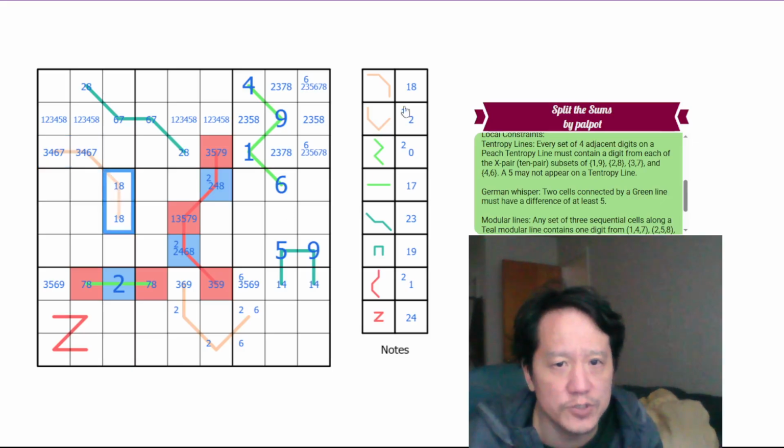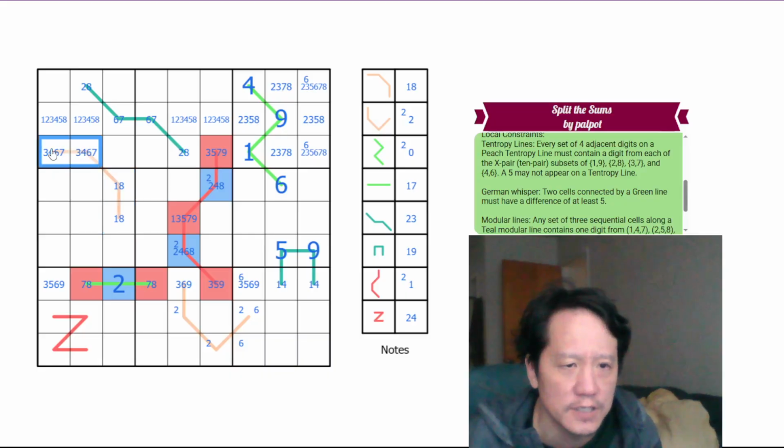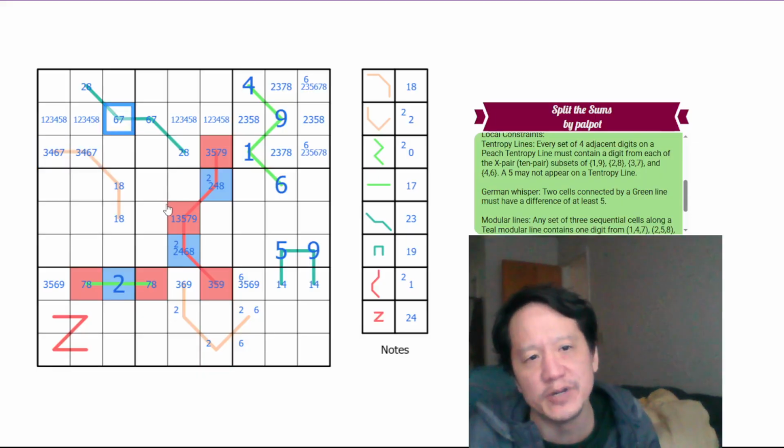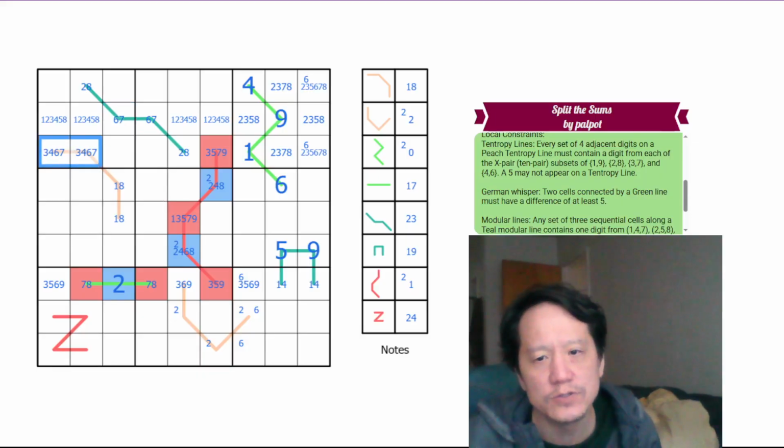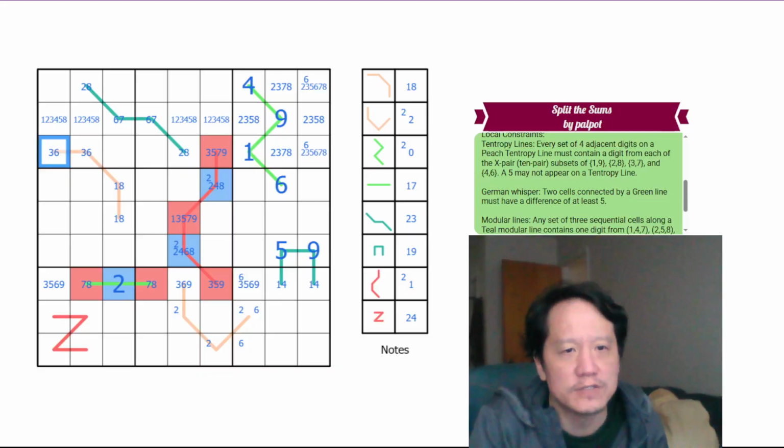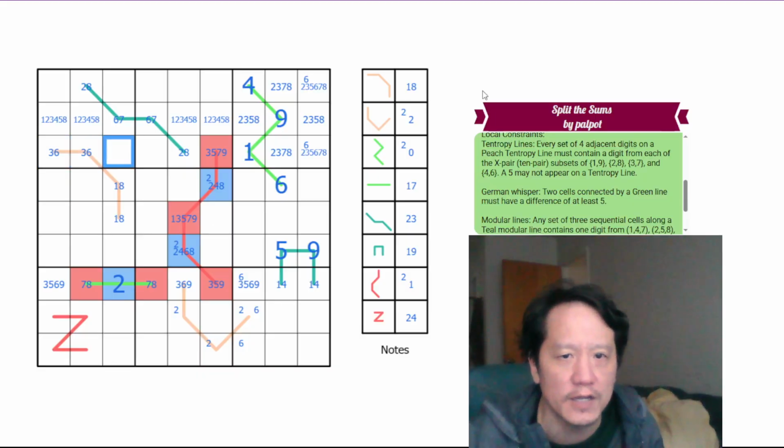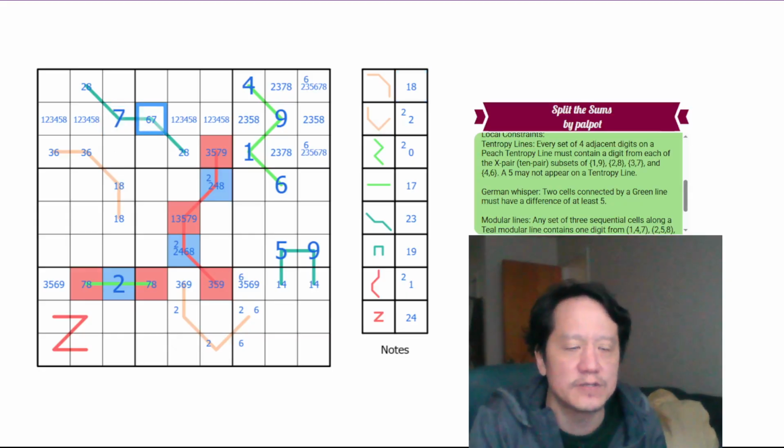To add up to 18, you have to add up to 9. So it's 3 and 6. To add up to 22, 22 minus 9 is 13. So it has to be 6, 7. But we can't be 6, 7 because that would eliminate all possibilities for this cell. So then this must be 3 and 6, adding up with 1 and 8 to add up to 18. So this can't be 6, this is 7, this can't be 7, it's 6.